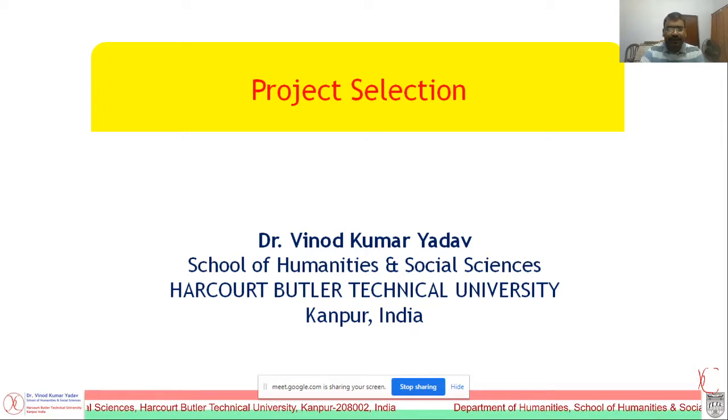Say for example, if you think that you will establish an outsourcing hub, a business process outsourcing BPO center, in that case you have chosen this idea, that BPO business is a good idea or bad idea.